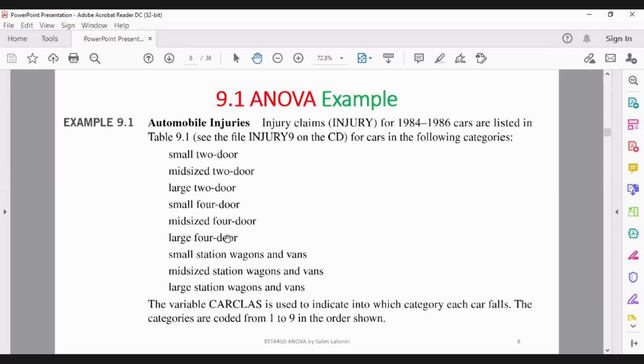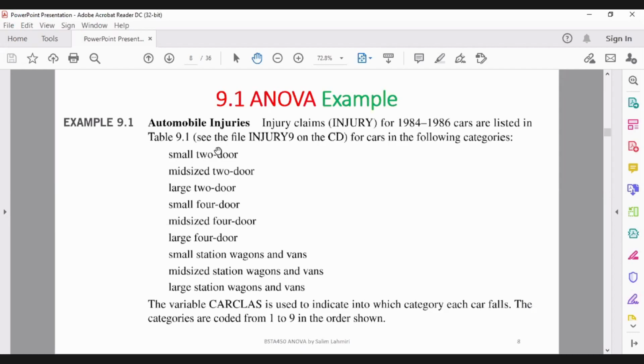We get some set of categories: small two-door, mid-sized two-door, large two-door, small four-door, mid-sized four-door, large four-door, small station wagons and vans, mid-sized station wagons and vans.